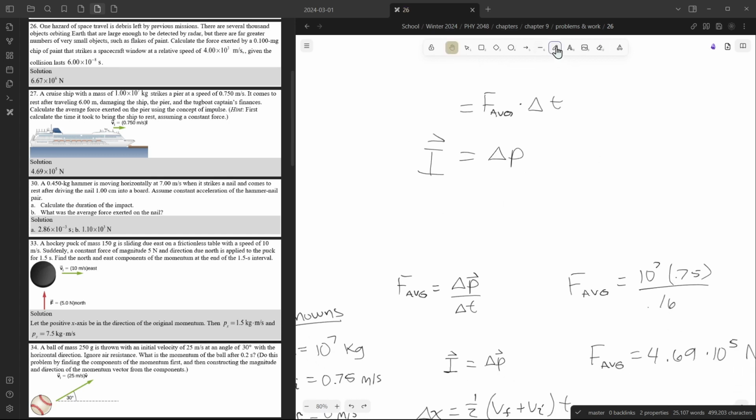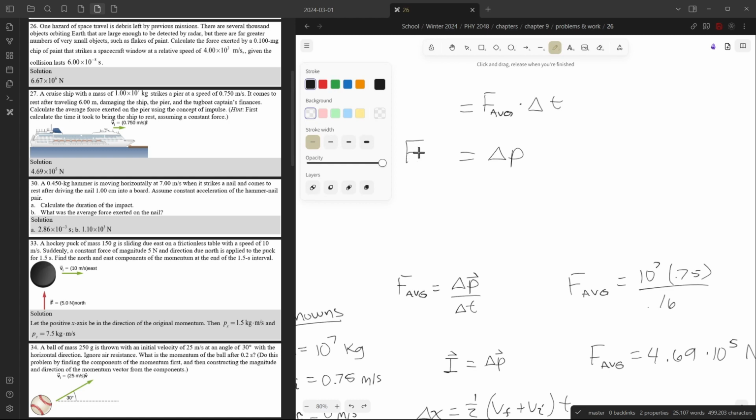So we can simply set these equal to each other. Just pretend I wrote AVG there. Average force times delta t, and then we just divide both sides by delta t, and that's your average force.